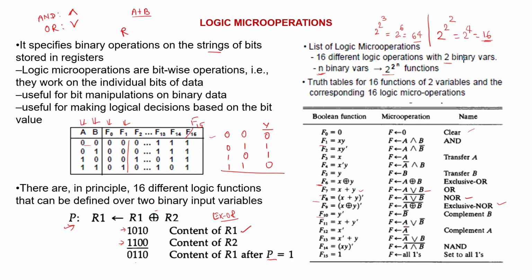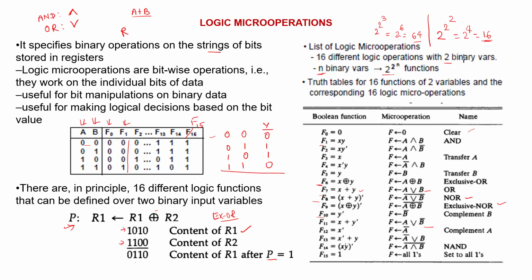Y dash is the complement. So F10 performs the complement. F11, X plus Y dash, is going to perform the OR operation with contents of A and complement of register B. F12 is the X dash complement.